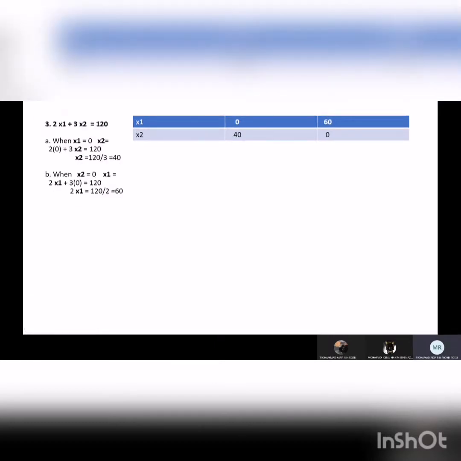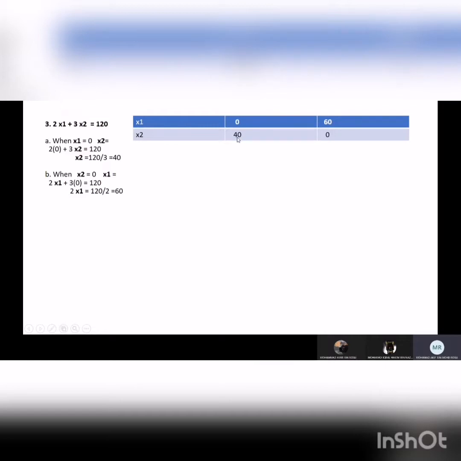Okay, for the third constraint, 2x1 plus 3x2 equal to 120. So we want to find the plotting. First, we repeat the same step again, with x1 and x2. The first step is we put 0 at the x1 column, then we move to x2, which is we can get 40.